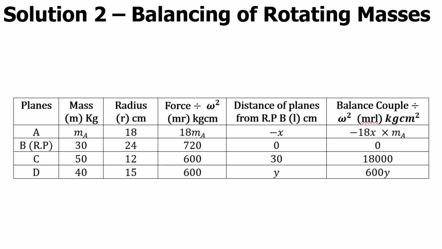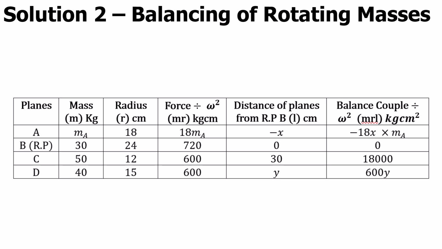Finally, column 6 is the couple term. So the couple term ensures moment equilibrium. For instance, mass C's couple is 18,000 kilogram centimeter squared, and mass A's couple is minus 18x mA.